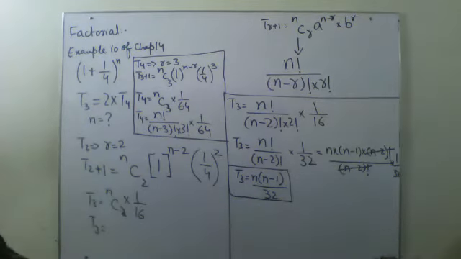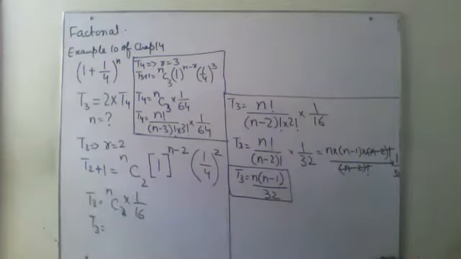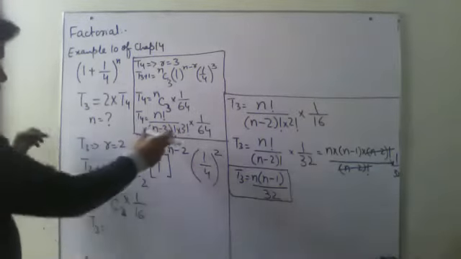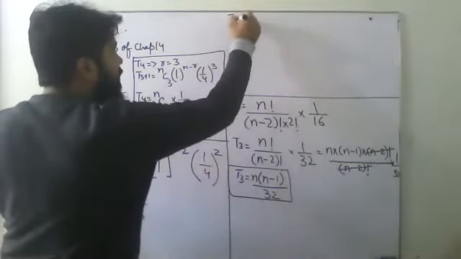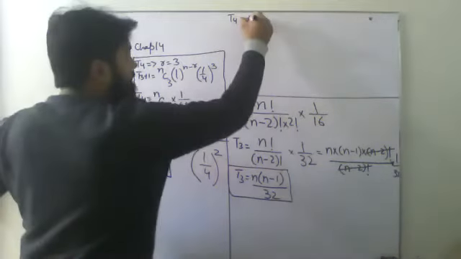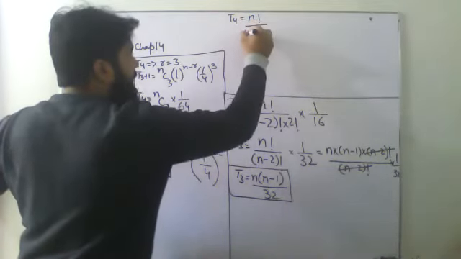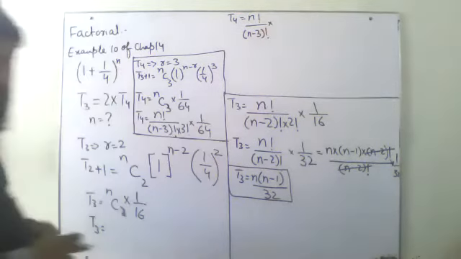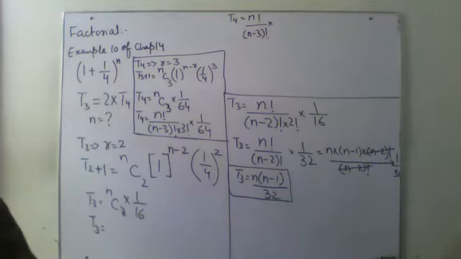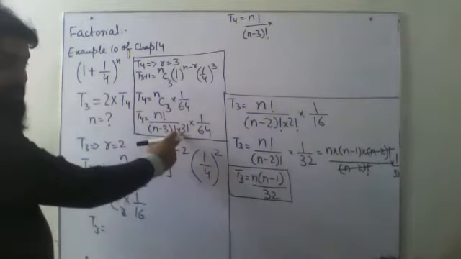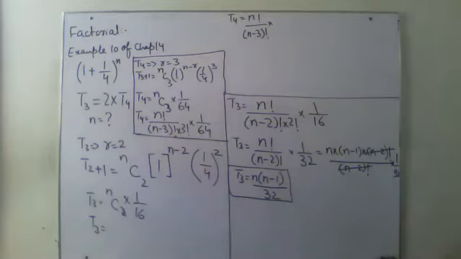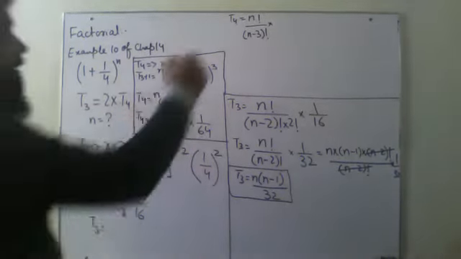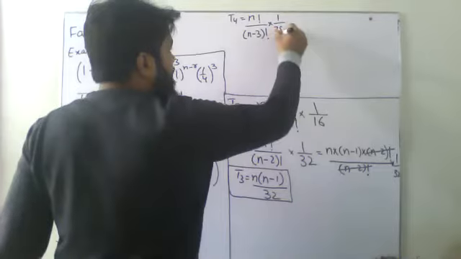Okay. Now shifting it over here, T4 equals n factorial over n minus 3 factorial into 3 factorial. 3 factorial will be what? 3 into 2 into 1, that will be 6. So when I multiply 6 with 64, the result is going to be 1 over 384.